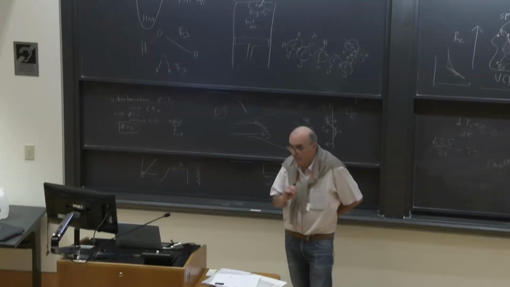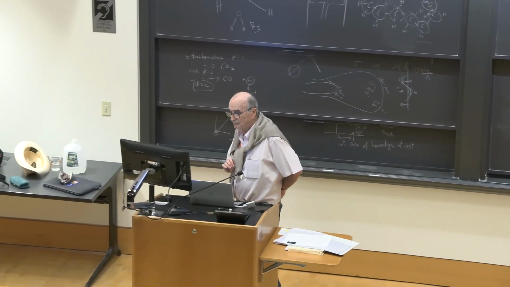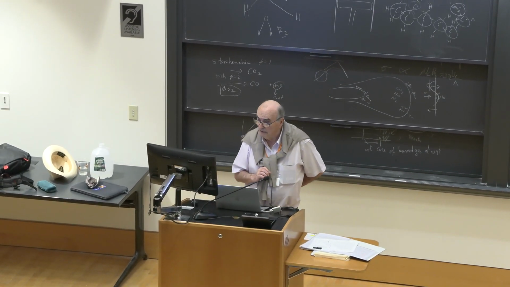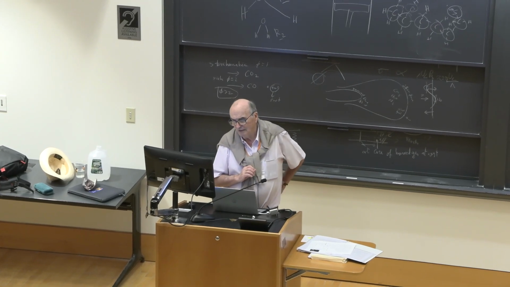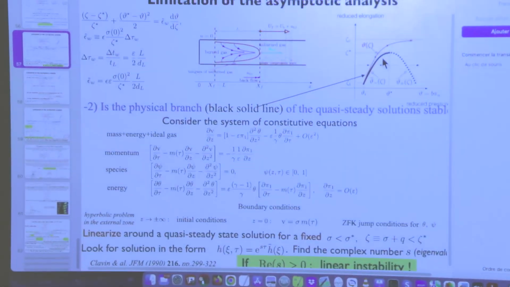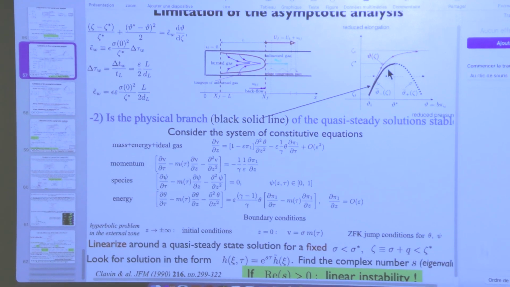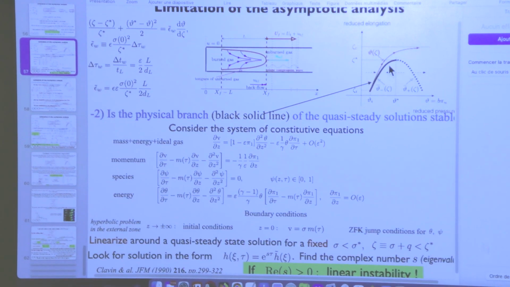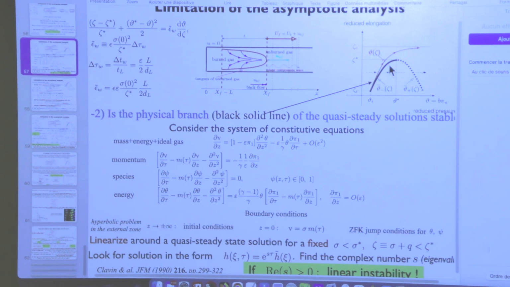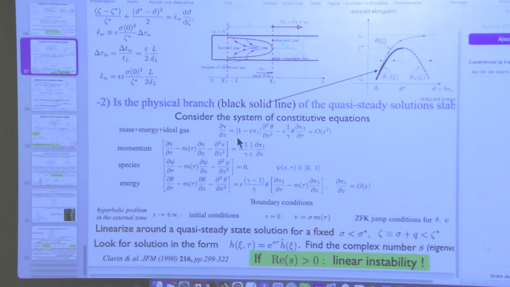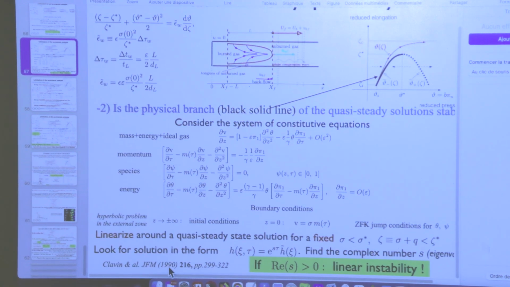This is a key problem that can be solved analytically. I did that a long time ago, in 1990, when you look at the response of the flame to a pressure fluctuation. For example, how the flame structure reacts to a pressure fluctuation.